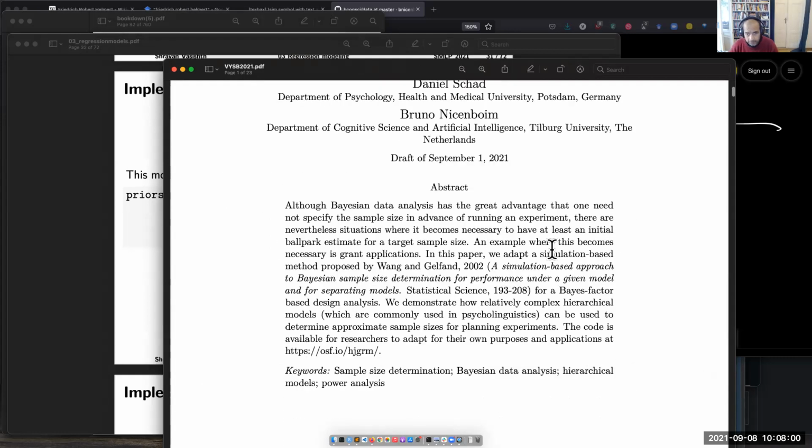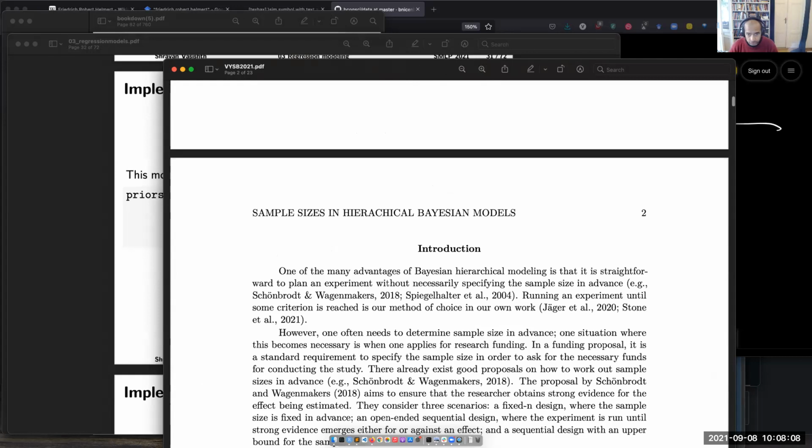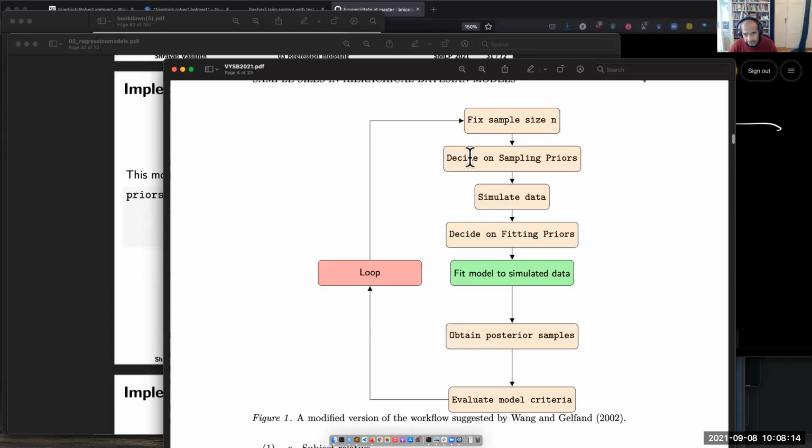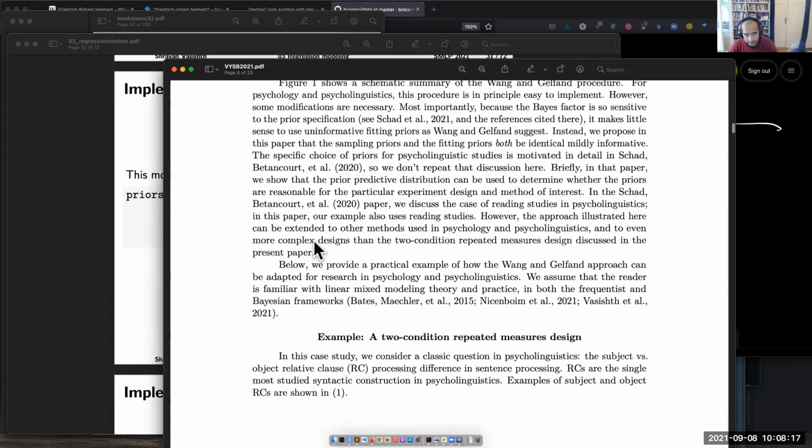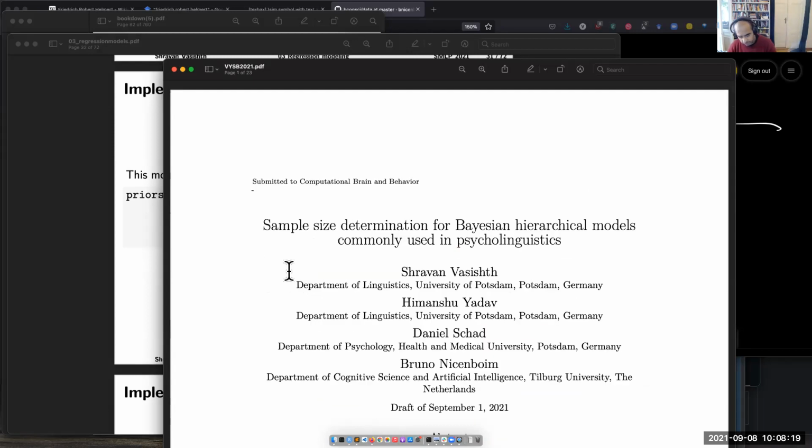I describe a method that's actually due to two statisticians who wrote a paper. I apply this method to show how to compute sample size in advance, before running any experiments. So you can look at this paper later on if you want to, right? This uses Bayes factors, and I've provided all the code and data so you can reproduce this analysis.